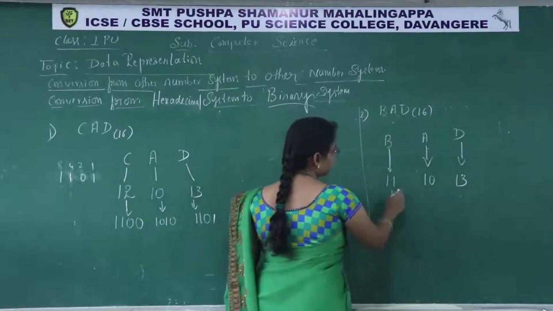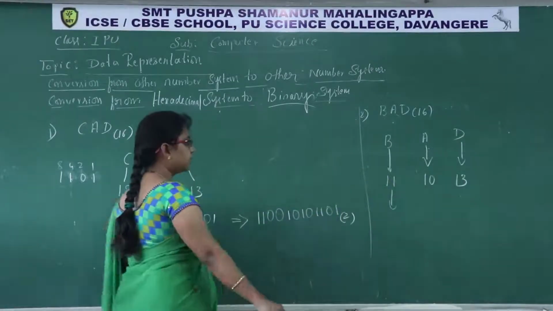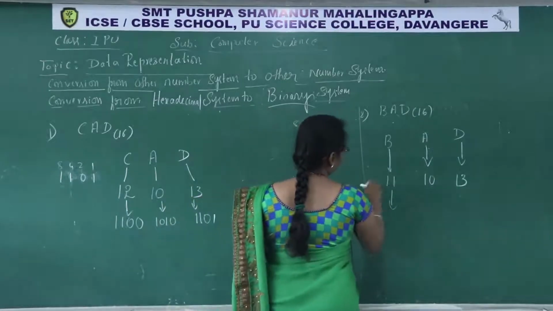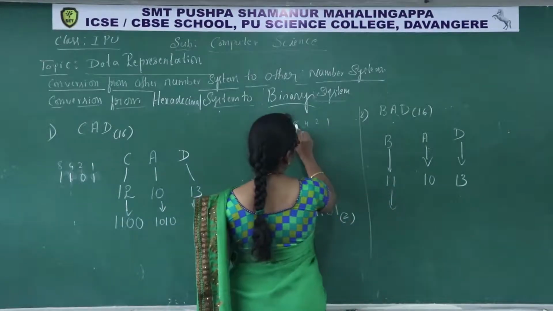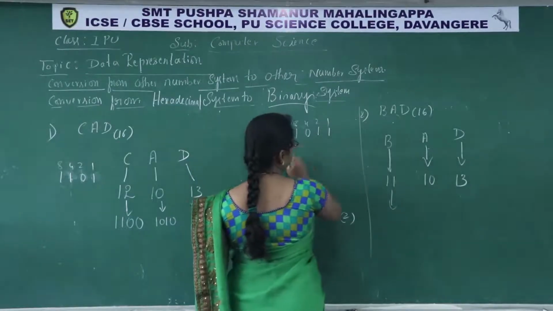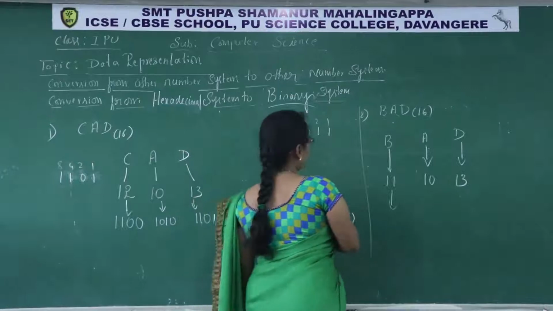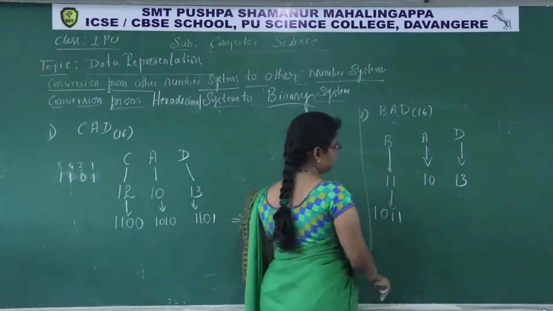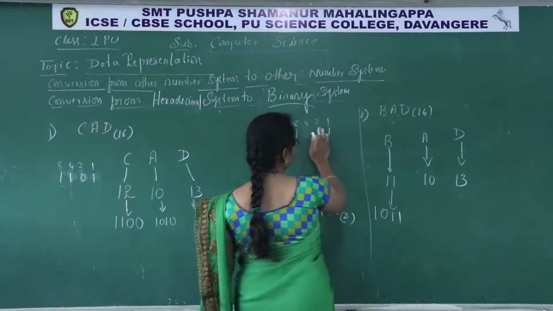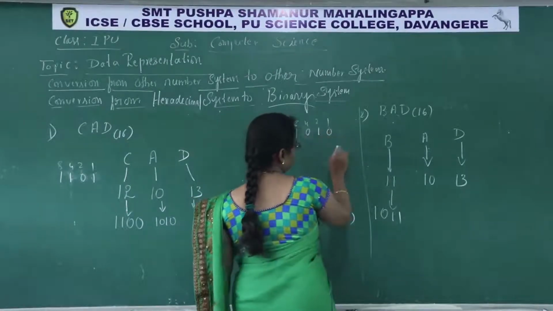Now how to write 11 in 4-bit binary? Same, 8421 method. How to make 11? 8 plus 2 is 10, 10 plus 1 is 11. So under 8, 2, 1 we write 1, and under 4 we write 0: 1 0 1 1. Then 10 is 8 plus 2, so 1 0 1 0.